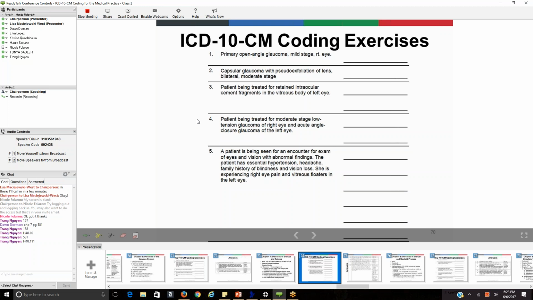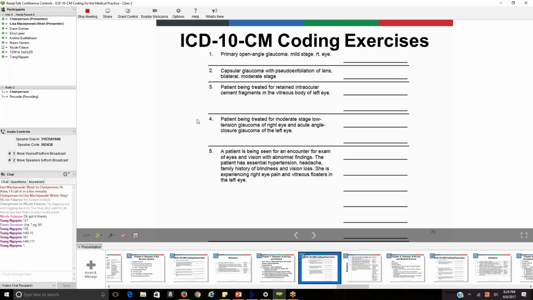To find the 7th digit, you always go up to the main term. It's either the 3 or 4 digit code, and you're going to look for the pink box that says one of the following 7 characters is to be assigned to each code in subcategories H40.10, 11, 12, 13, and 14 to designate the stage of glaucoma.